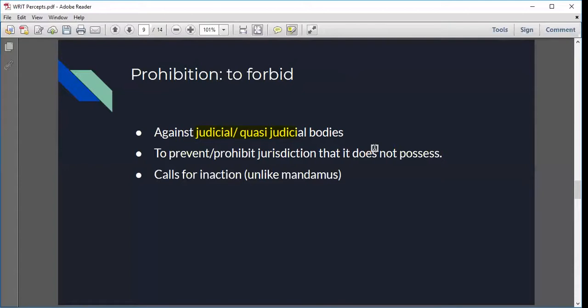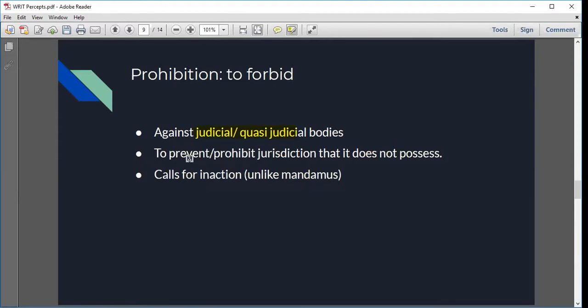So let's say a High Court has the power to decide the cases related to its state, but the High Court has picked up a case which is not related to it. Let's say the High Court of Delhi has picked up a case related to Chhattisgarh. It has no connection with Chhattisgarh. Then this will be an over-exercise of jurisdiction by the Delhi High Court, and the Supreme Court can issue the writ of prohibition and prohibit the High Court of Delhi from taking up those cases, right?